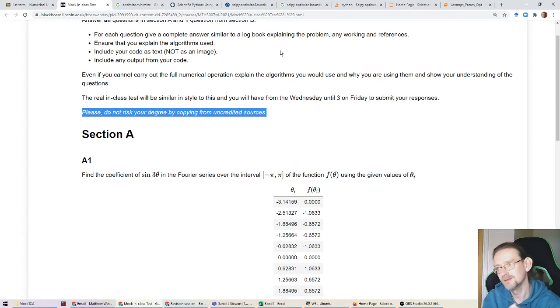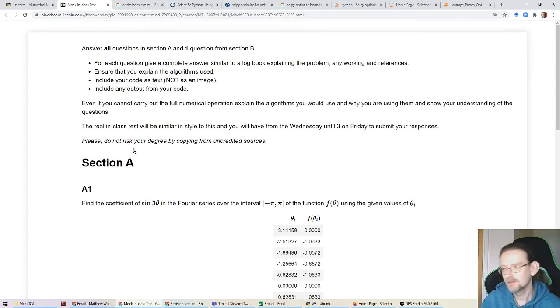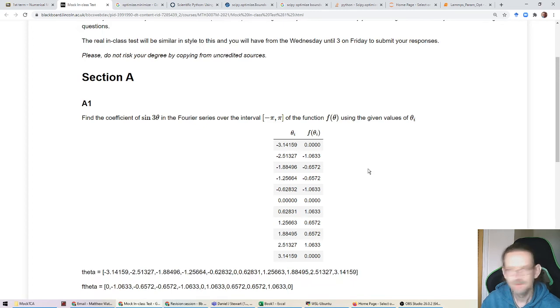Please don't do it. You should all know by now, but the penalties for a substantiated case of collusion are very severe in the third year. Just don't push it. Sorry, I don't want to say that. I'll shut up on that point.